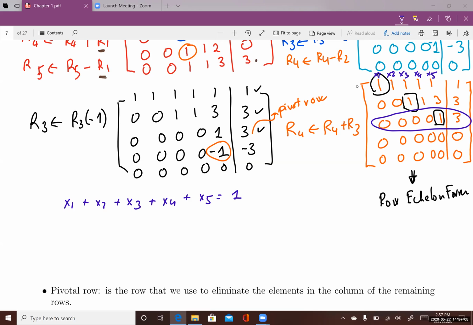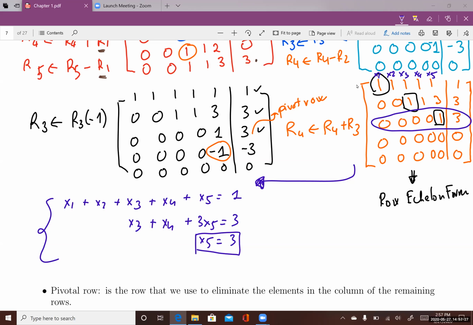On the second row, I have x3 plus x4 plus 3x5 equals 3. And the third row, I have x5 equals 3. So this is a system that I translated from this augmented matrix. Okay, and from this system, I know that x5 equals 3.